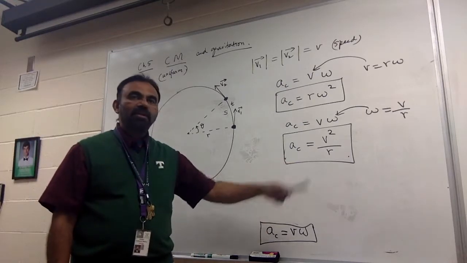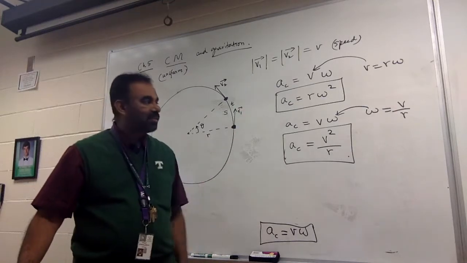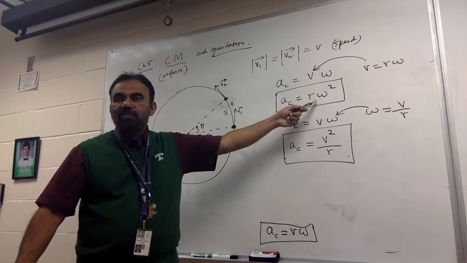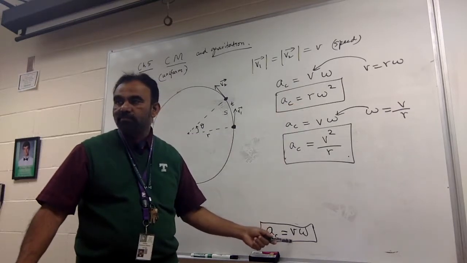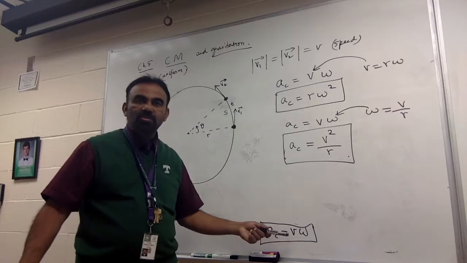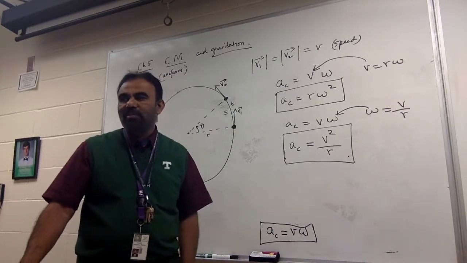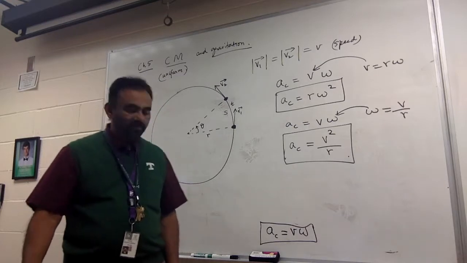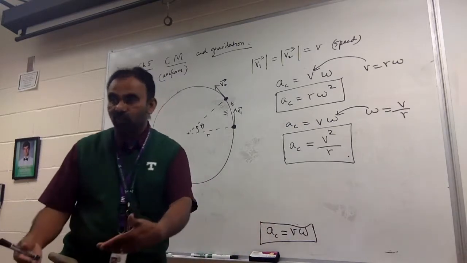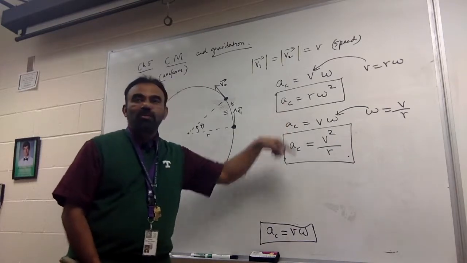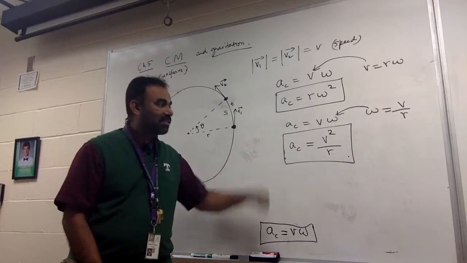This is also used after, if you're talking about angular speeds and all that. This one is very seldom used, because it uses linear speed and angular speed. Normally, it is not a common equation. But this is the equation that we start with, and then we obtain these equations. So this is the most commonly used equation for centripetal acceleration.